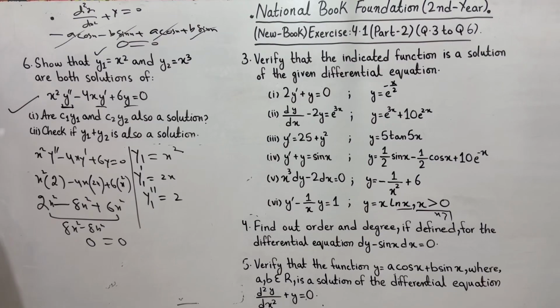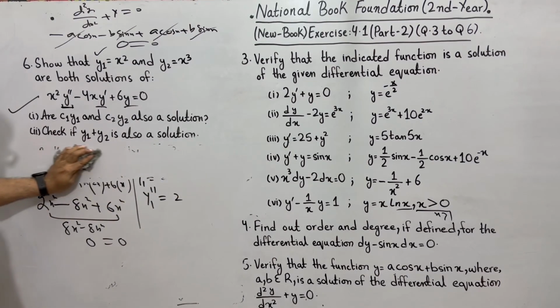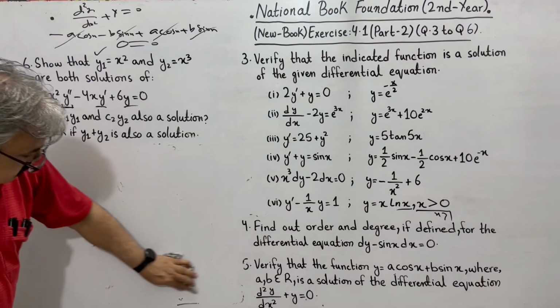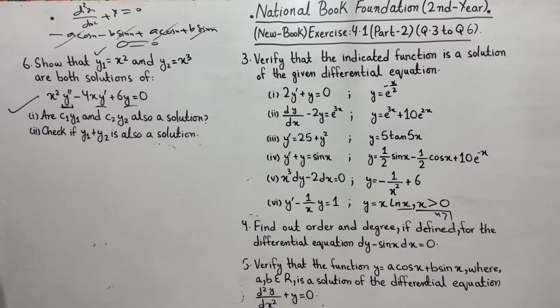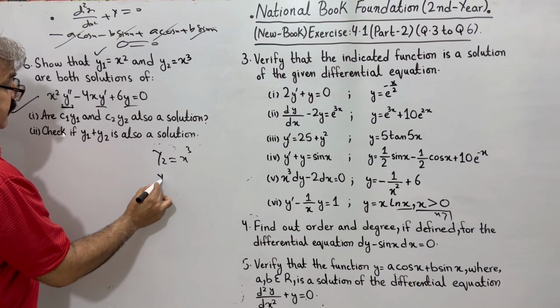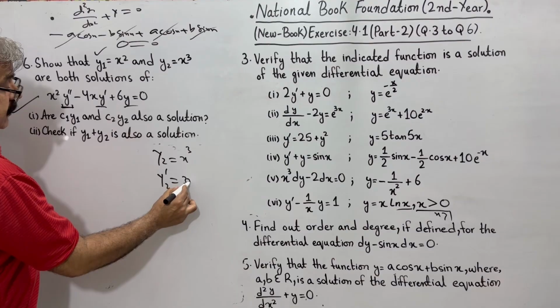Let's check y2, that is x cube, the other solution. Let me take y2 is equal to x cube, differentiating 2 times and putting in the values. What is the result? Let's find out. y2 is x cube, differentiating 1 time gives 3x square.